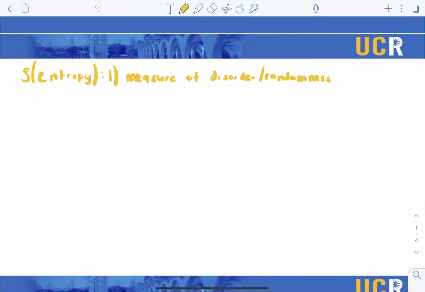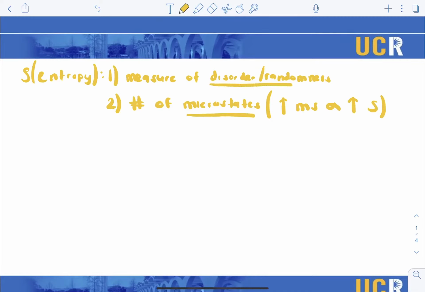The second definition is the number of microstates. If you have a lot of microstates, that means you have a high entropy. So these are the two definitions to keep in mind when you think about entropy: microstates, and disorder and randomness.